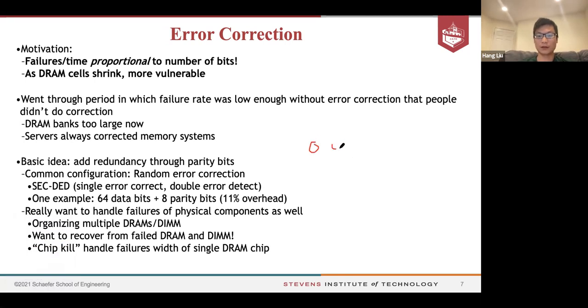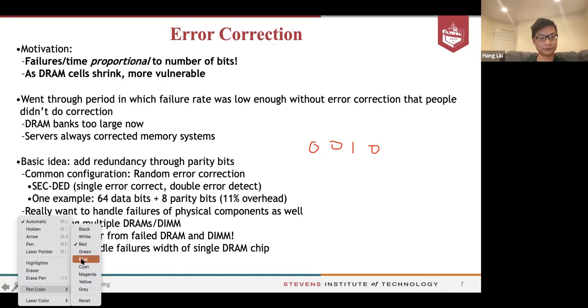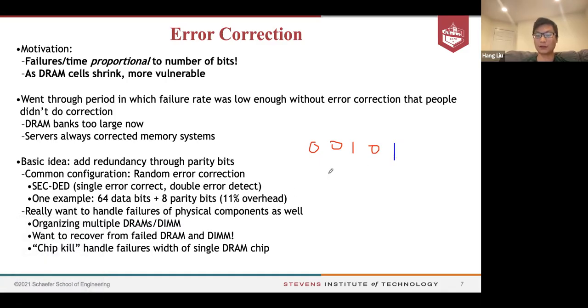0, 0, 1, 0. If we add a parity bit of 1 here, when we receive the five values, we see it's an odd number. It means we have at least a bit flip, right? Because when we add the parity value, we always make sure the entire bit stream is an even number.